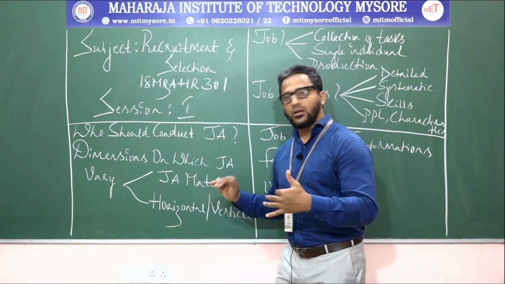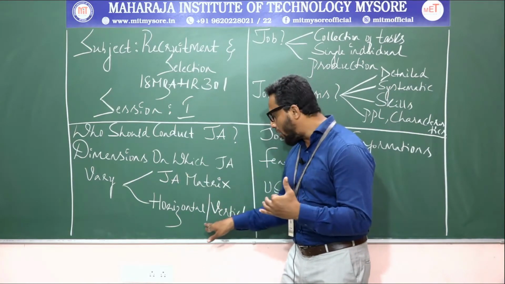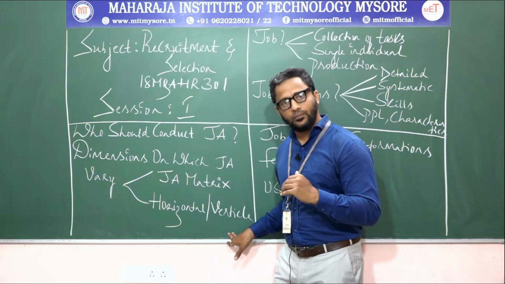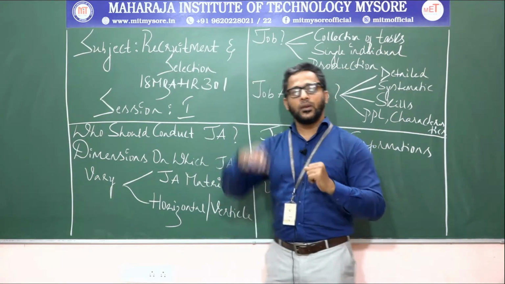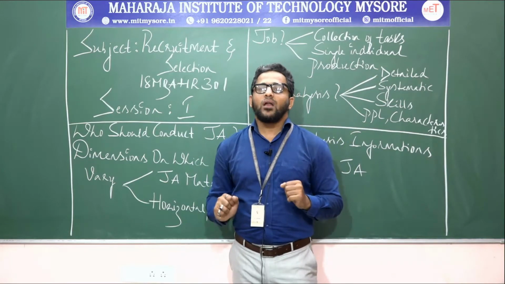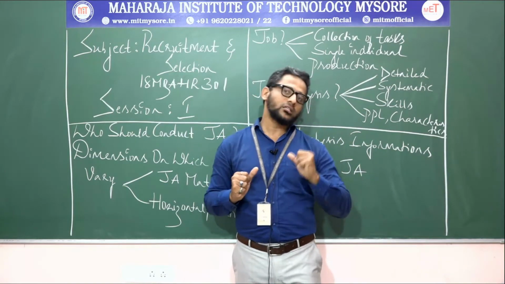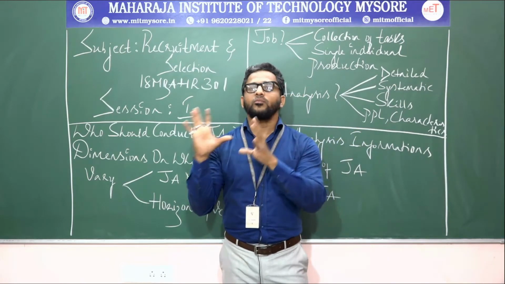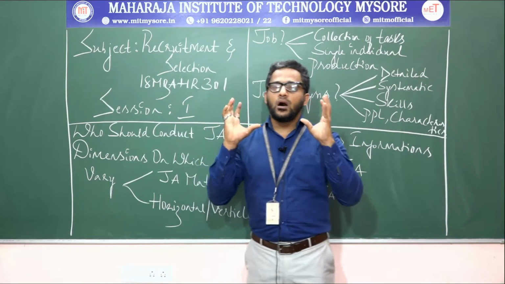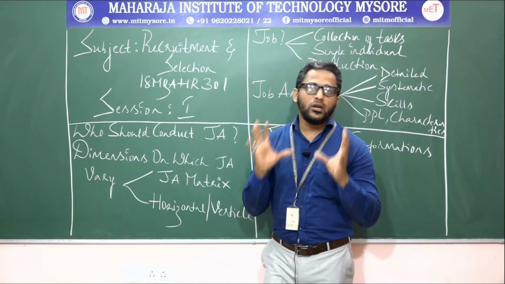Let's try to understand this matrix in the form of horizontal and vertical. When I speak about the vertical aspect, first I have to understand the person, the employee. To perform this particular job, what should an individual have?